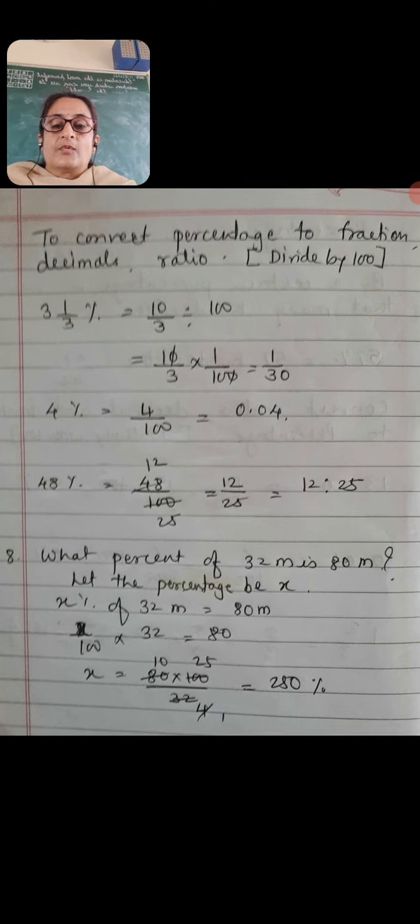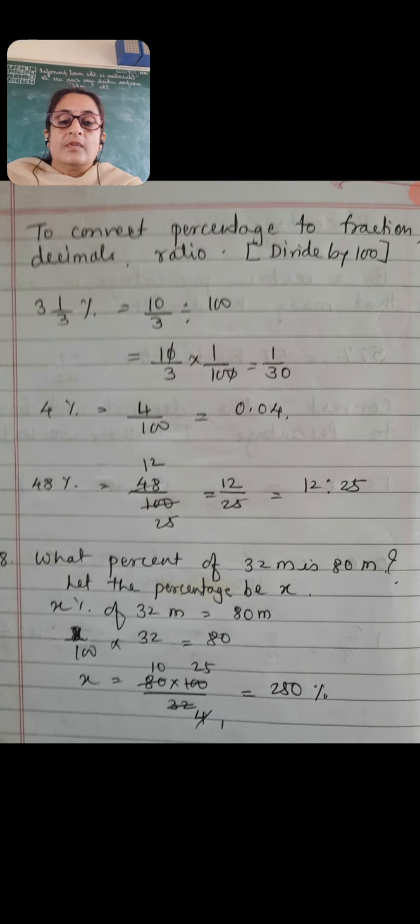Now there are some questions. What percent of 32 meter is 80 meter? Okay, so we have to calculate the percentage. So the percentage we are going to consider as x. So x percent of 32 meter is 80. So x percent we are going to write x upon 100. Percent you have to cancel and take it as division by 100.